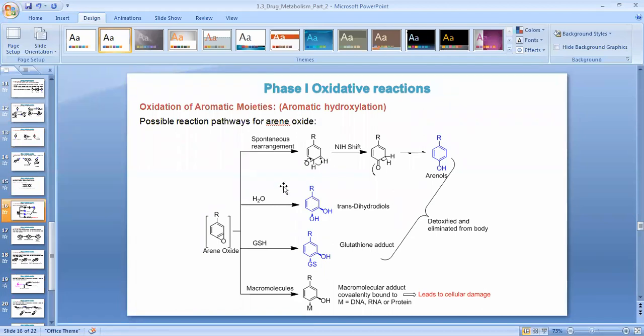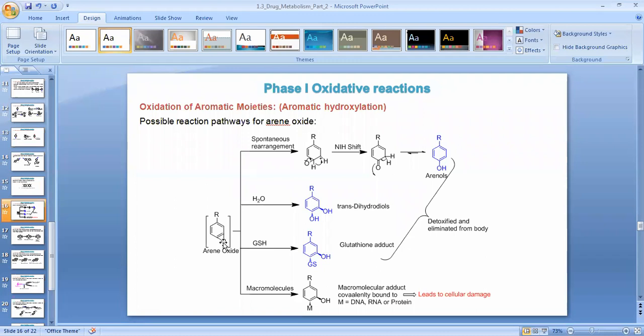Now, the next metabolic pathway is when the arene oxide is exposed to water molecules. We all know our body contains a high percentage of water, 78% of water.